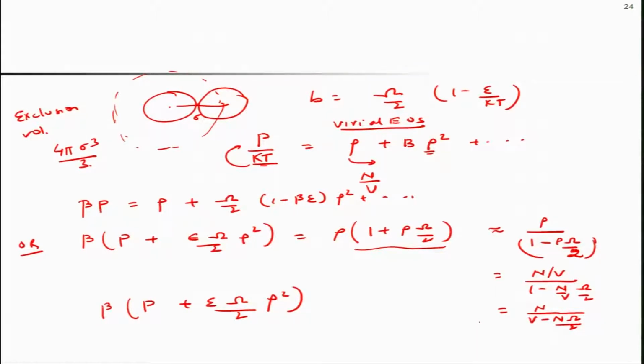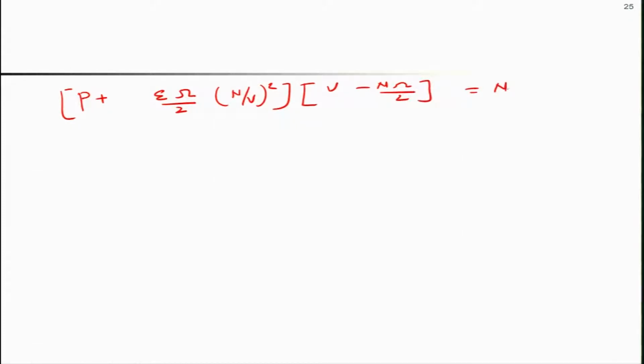So let me show this to you. If I rewrite the last expression, instead of rho I can write n by V square, and beta is 1 by kT. I can take kT to the other side, and bring this to this side. What I get is pressure plus epsilon omega by 2 (n by V) square times V minus n omega by 2 is equal to n kT.